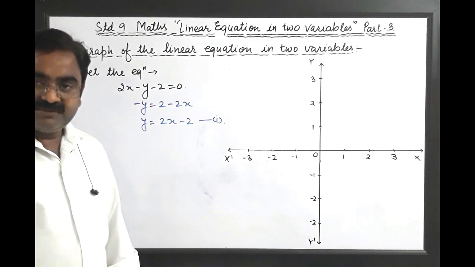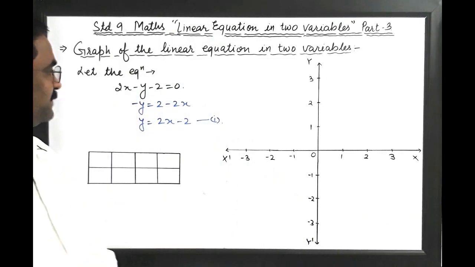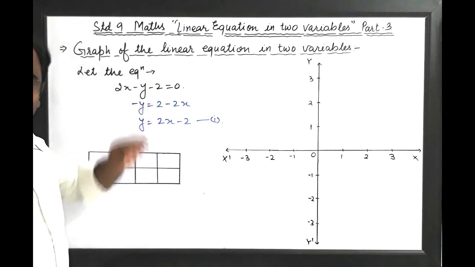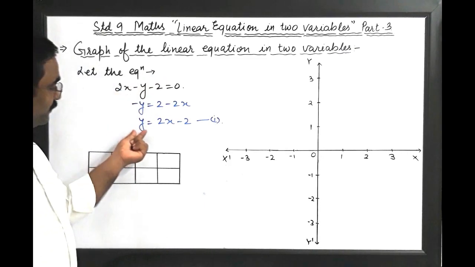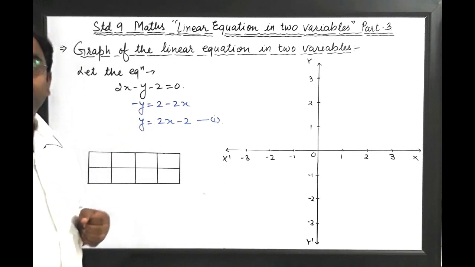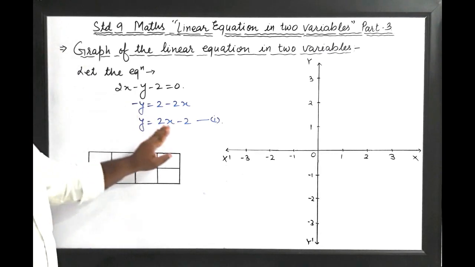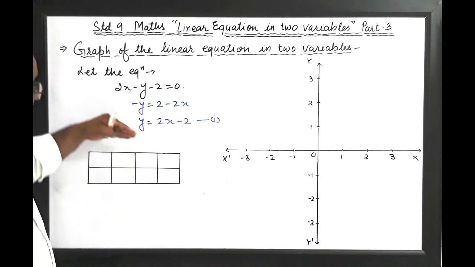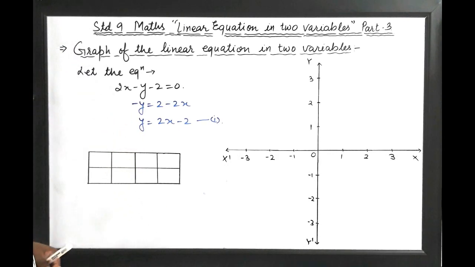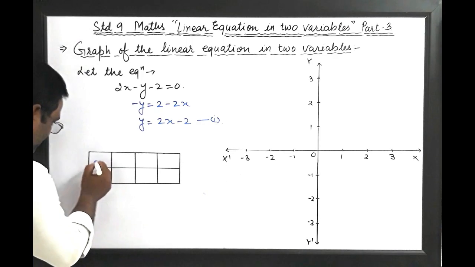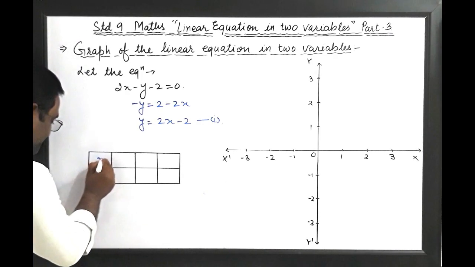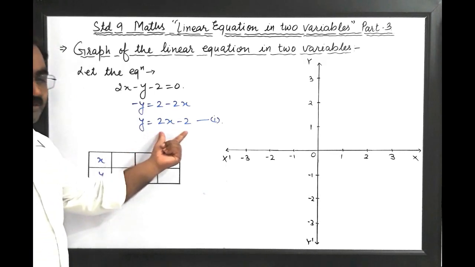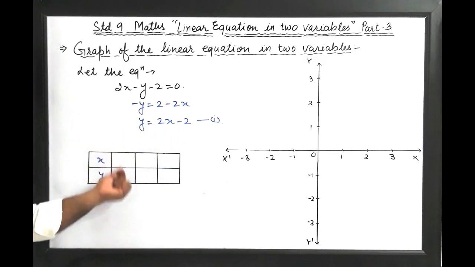Right, students? Okay. As we have solved this equation, 2x minus y minus 2 equals to 0. So what we got, y is equals to 2x minus 2, means the value of y in terms of x. So to find the different solutions of this equation, we have to substitute different values of x in this equation, so we will get the different values of y.